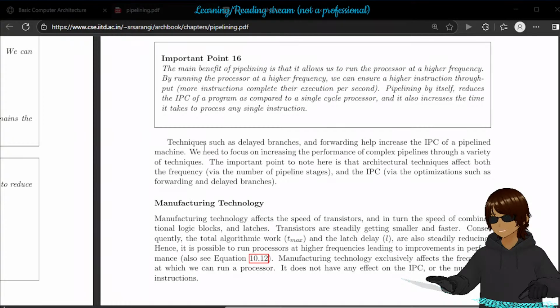We need to focus on increasing the performance of complex pipelines through a variety of techniques. The important point to note here is that architectural techniques affect both the frequency and the IPC, via the number of pipeline stages.